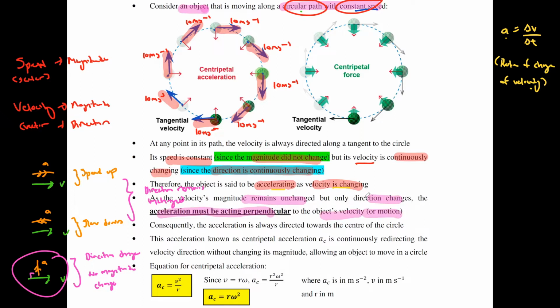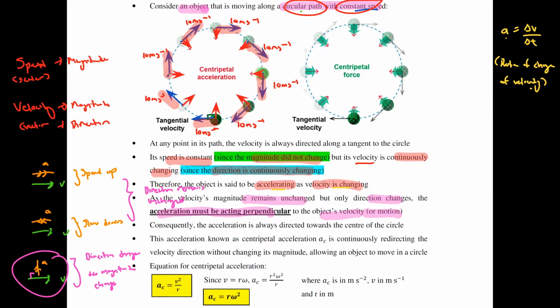That's the only way you can have your velocity changing direction without changing magnitude in the first place. So over here, your acceleration is always acting perpendicular to your velocity. Okay, that is one thing to note here.